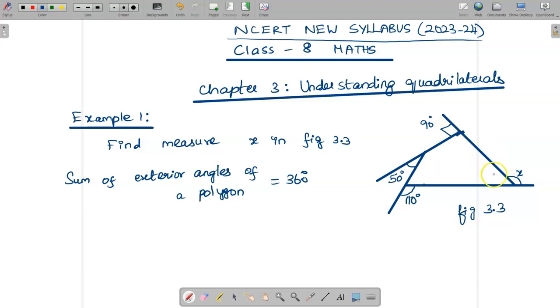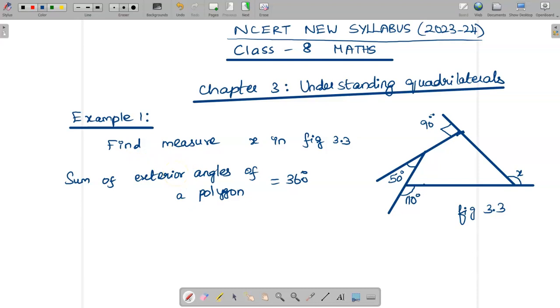Whenever it is inside the polygon, it is an interior angle. Whenever it is outside, exterior to the polygon, that angle is an exterior angle. So we have the formula that the sum of all the exterior angles is equal to 360 degrees.